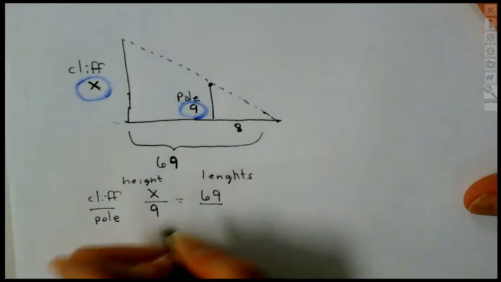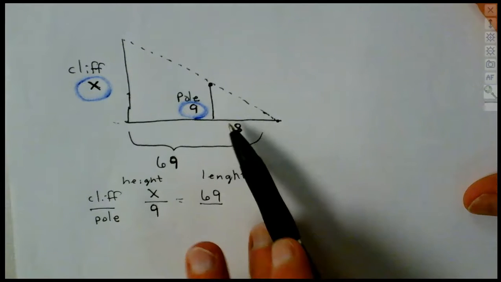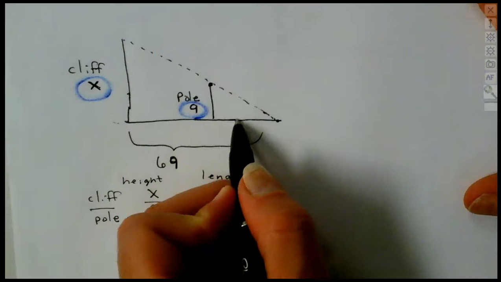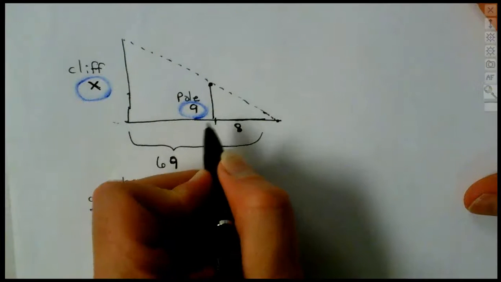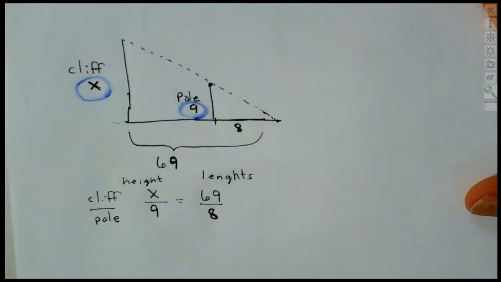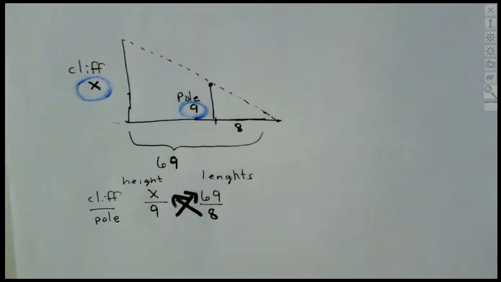So that's going to go there. And what about the pole? How long is the shadow for the pole? Well, if I look at my triangle again here, how long is it going to be? It's going to be that 8. And now you can just simply cross multiply and solve it out.